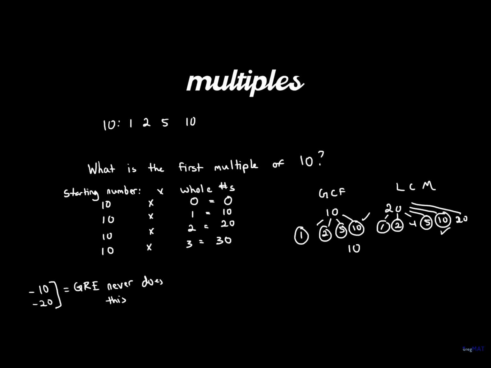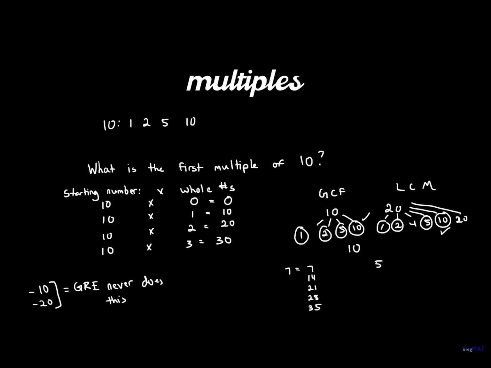The least common multiple is kind of the same thing, but instead of trying to find the biggest number, you're trying to find the smallest multiple possible. So take, for example, if you have 7 and 5. The multiples of 7 are going to be, I'm going to start with 7 times 1: 7, 14, 21, 28, 35.